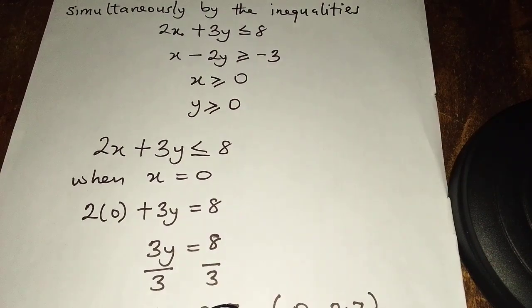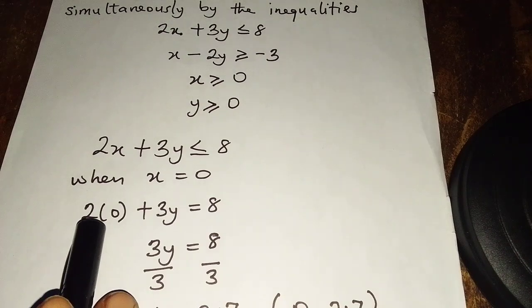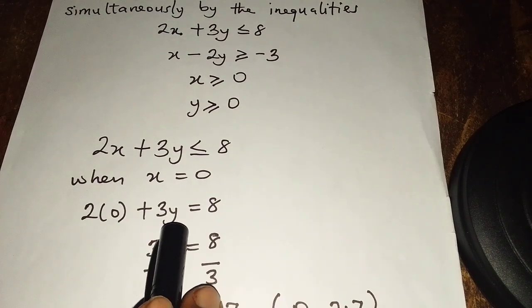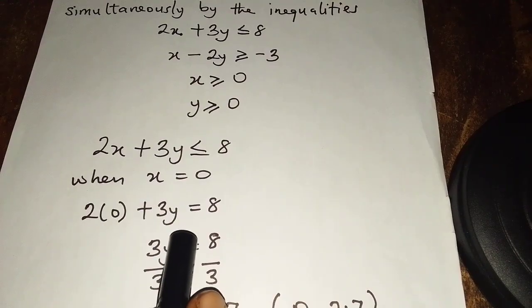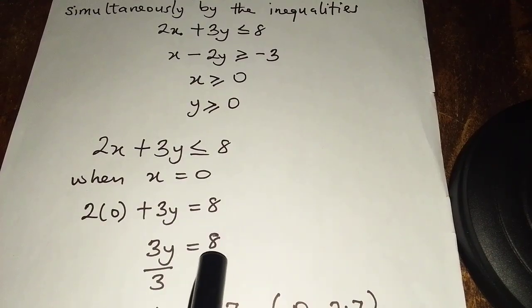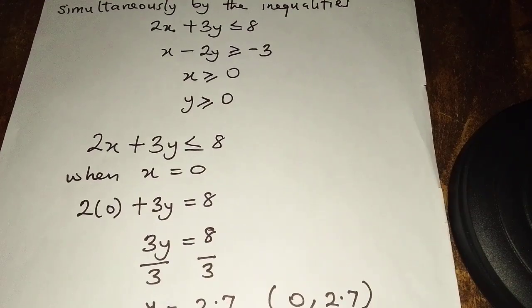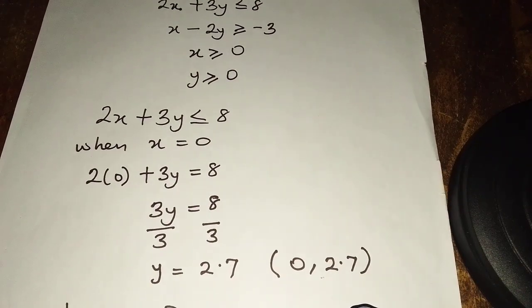So 2 times 0 plus 3y is equal to 8. 2 times 0 is 0, so you are left with 3y is equal to 8. To get y, divide both sides by 3, the coefficient of y, so y is equal to 2.7. So the coordinate of that point is when x is 0, y is 2.7.